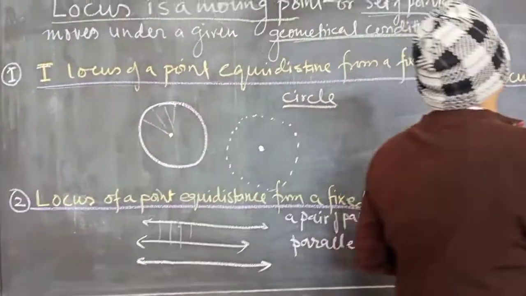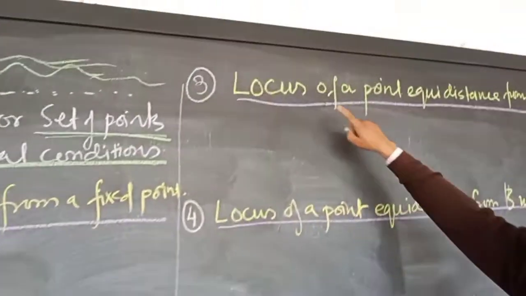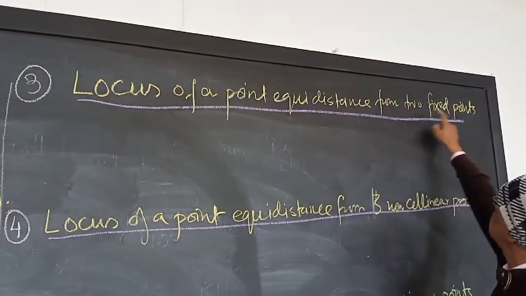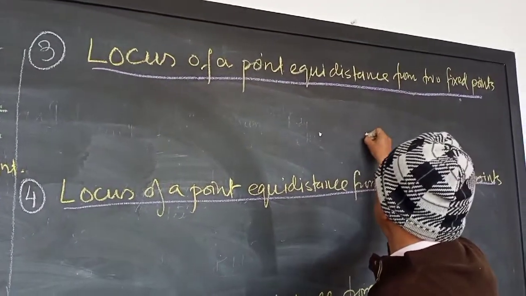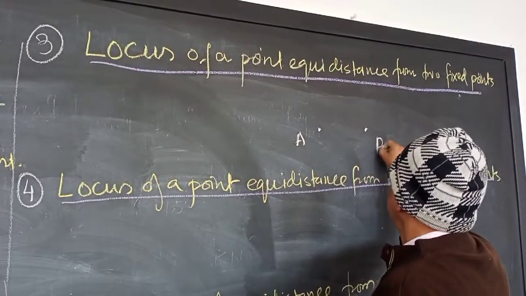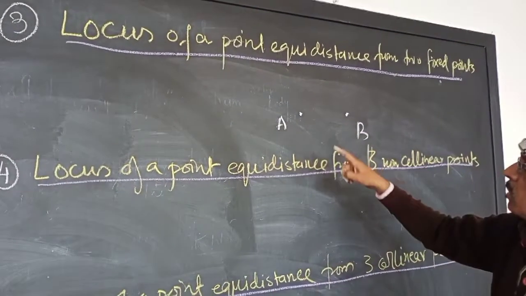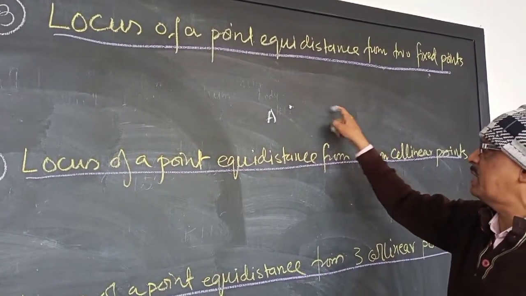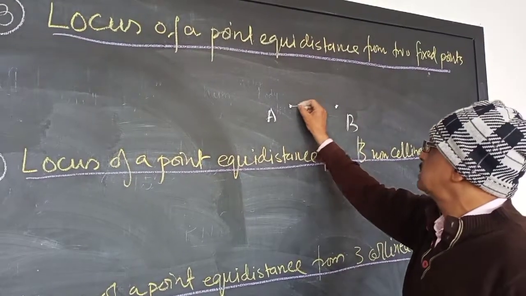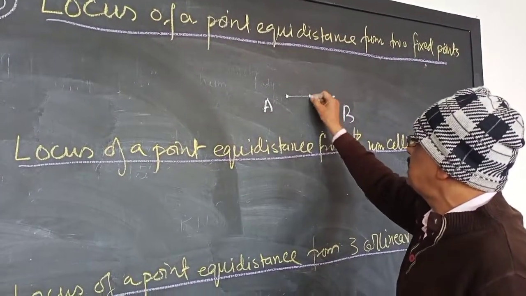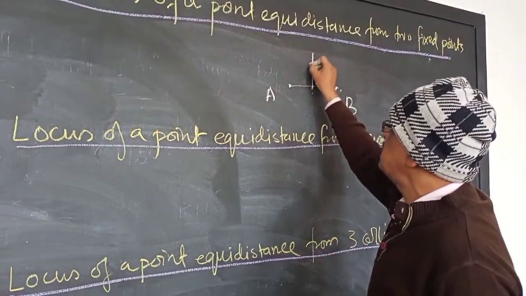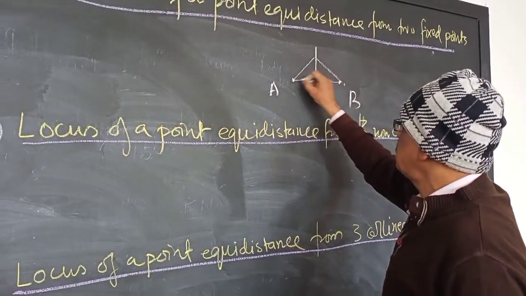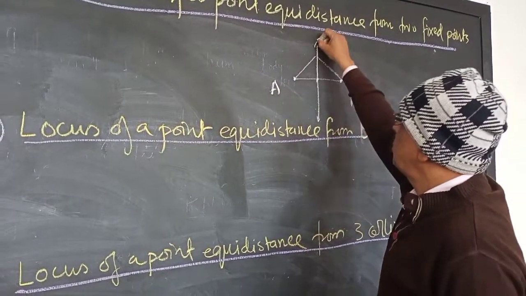Next, see another locus: a point equidistant from two fixed points. Let A and B be the two fixed points. Now the point will move such that its distances from A and B are equal. Suppose joining the midpoint, this point is equidistant from both.